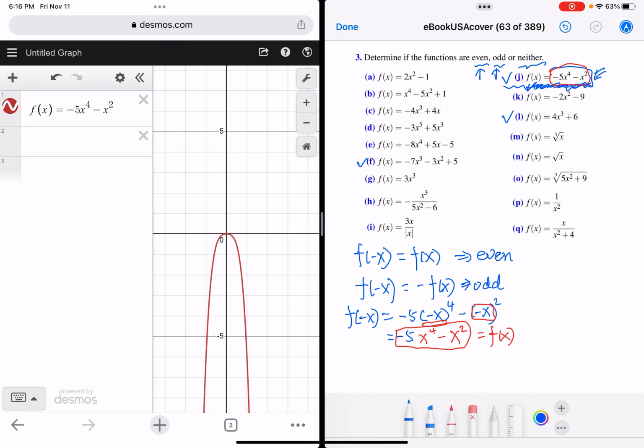So then we end up with f of x and f of negative x are the same. So the function will be even. This tells us that this function is even.